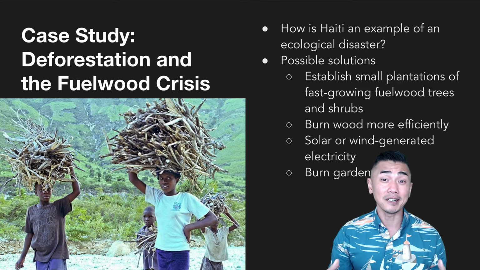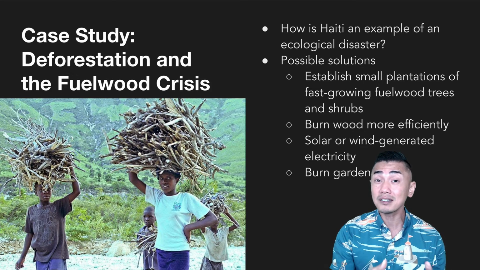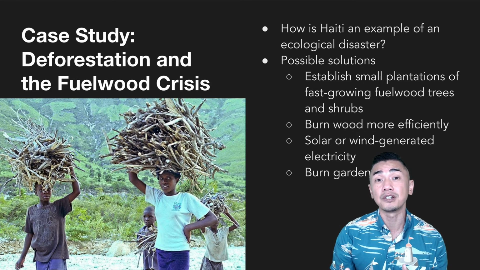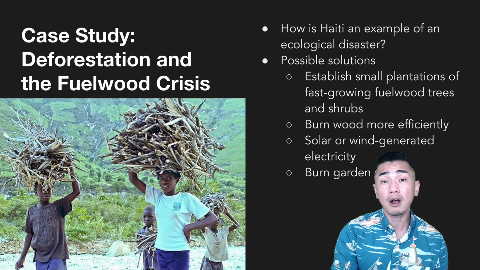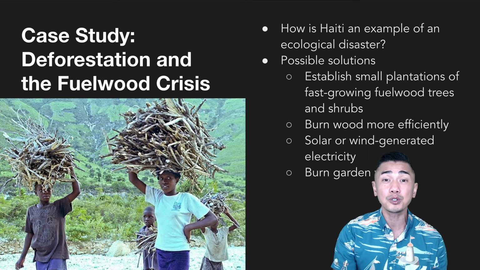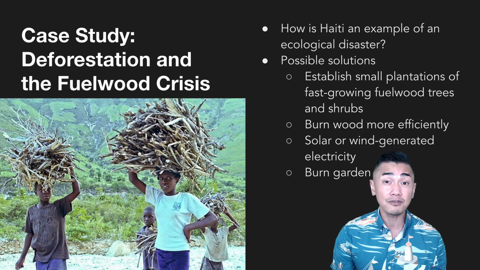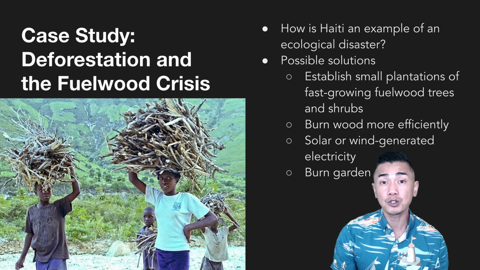The country of Haiti is a good example of how unsustainable deforestation can have significant environmental consequences. Trees in the country are often cut down to produce charcoal or firewood for ovens and stoves, and this has led to widespread deforestation, soil erosion, and flooding during storms.